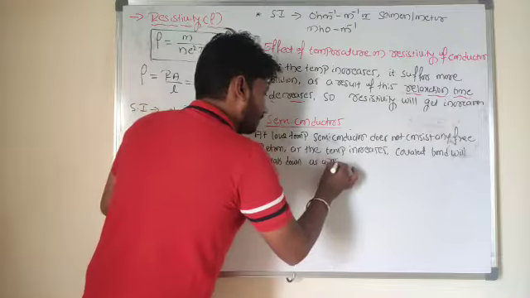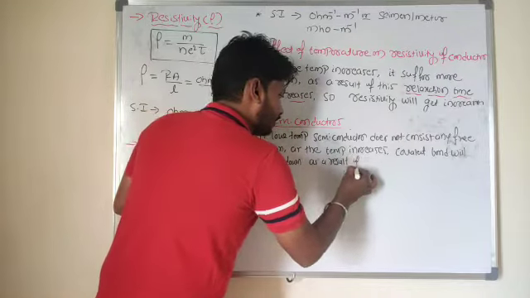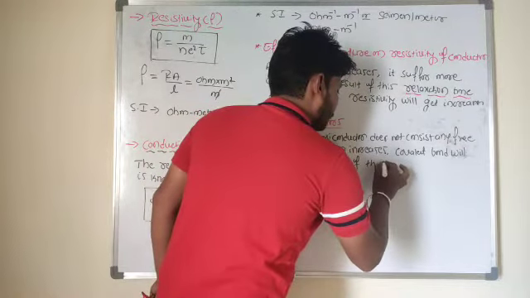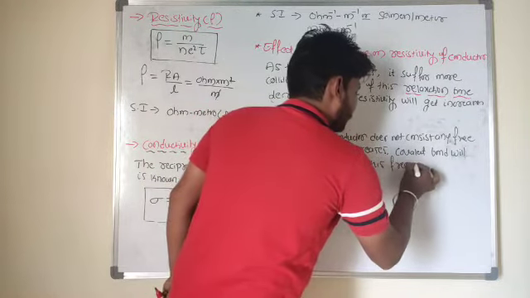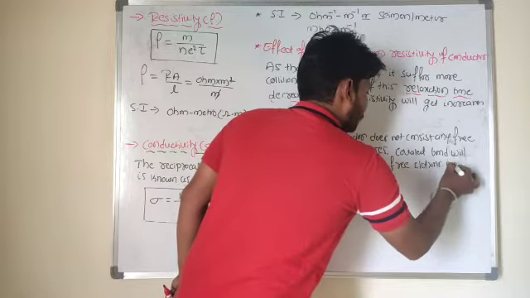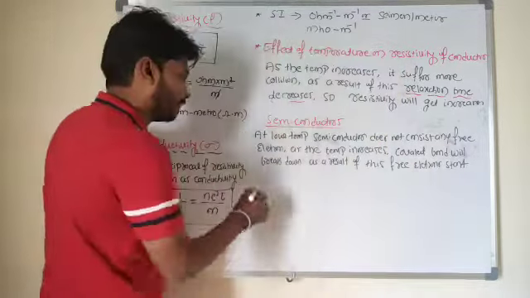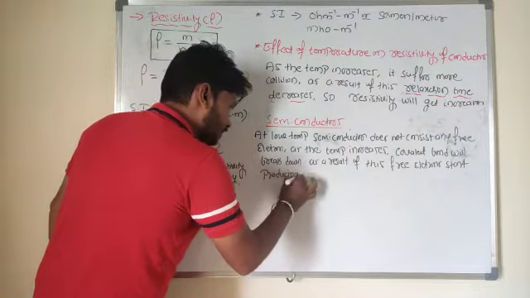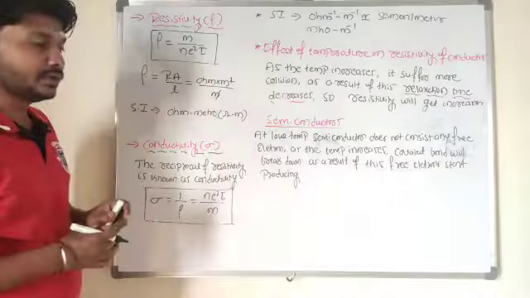As a result of the breakage of the covalent bond, free electrons start producing.